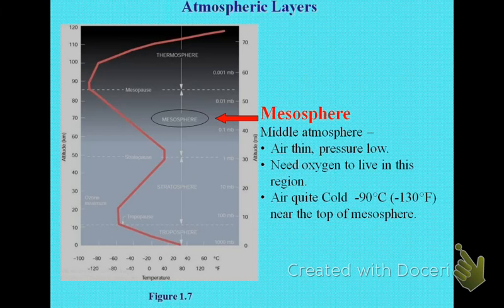The air is super, super cold: negative 90 degrees Celsius, negative 130 degrees Fahrenheit, especially near the top of the mesosphere, because there's basically nothing there.